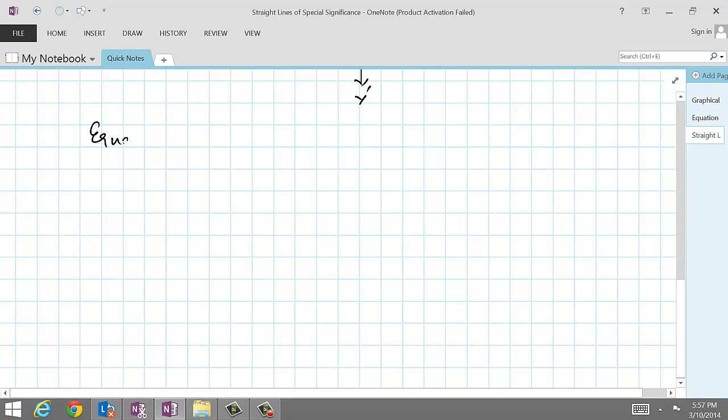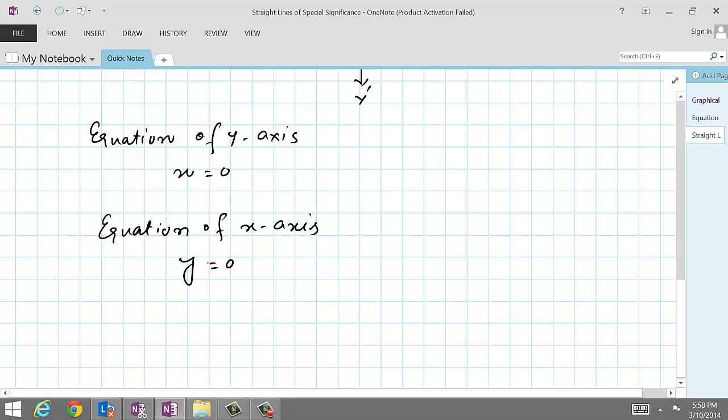Equation of the y-axis is x equal to 0, and equation of the x-axis is y equal to 0. What is the line dividing the first and third quadrant? y is equal to x. What is the line dividing the second and fourth quadrant? That is y is equal to minus x.